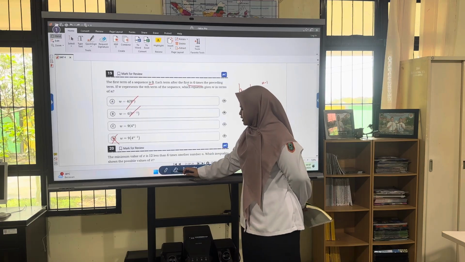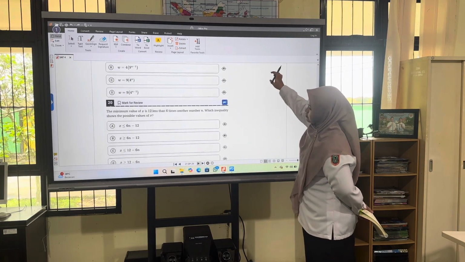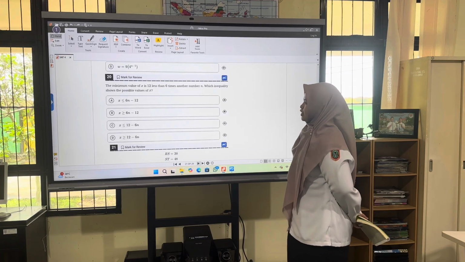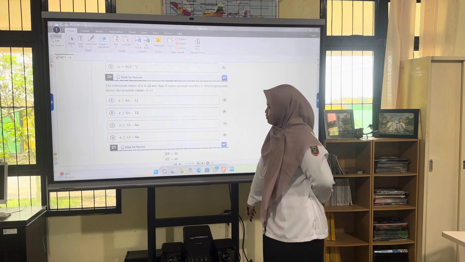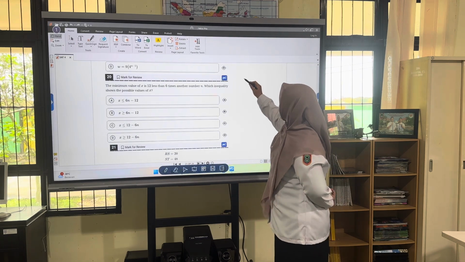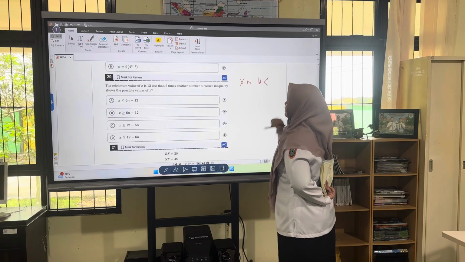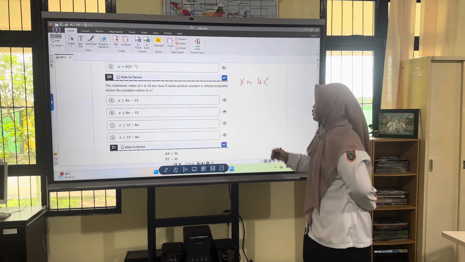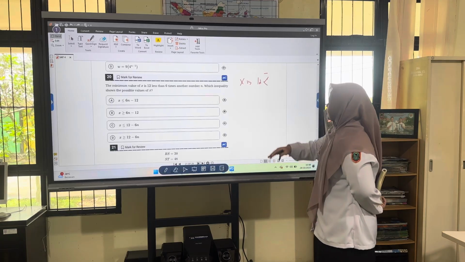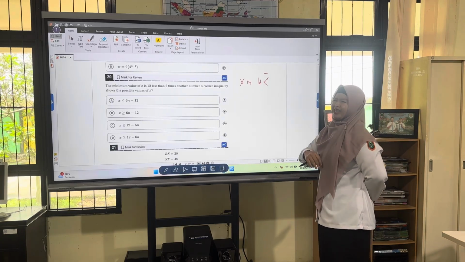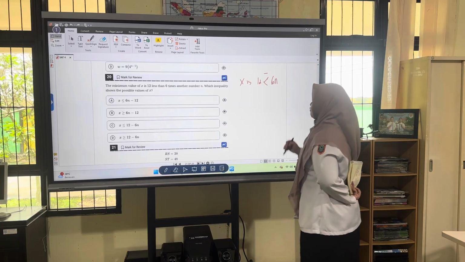Okay, so we will do another question. For the next question, they said the minimum value of x, so x is 12 less than, you can symbolize this with less than or minus, but just imagine how to make the function first. 6 times the number of the terms.